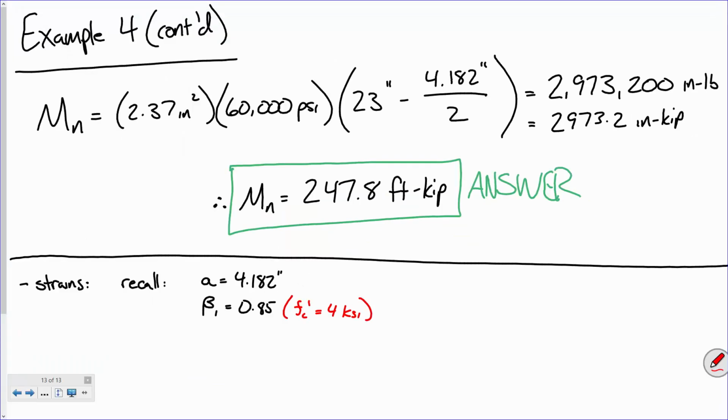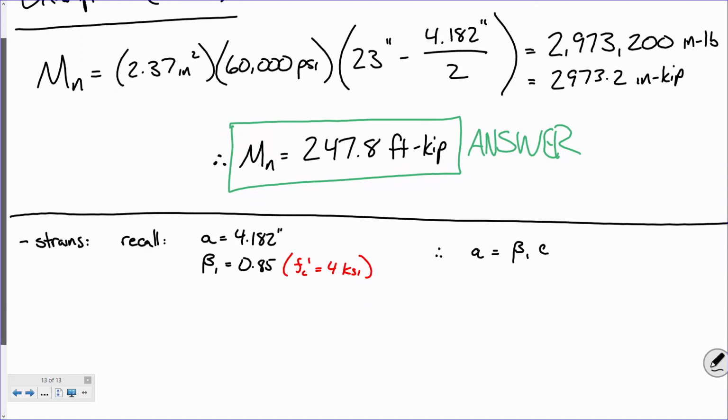All right. So my point is, if we know that a is calculated as beta 1 times c, what can we calculate? c. So c is a over beta 1, which is 4.182 inches over 0.85, which equals 4.92.